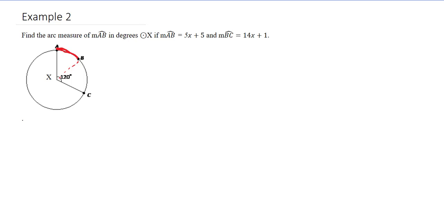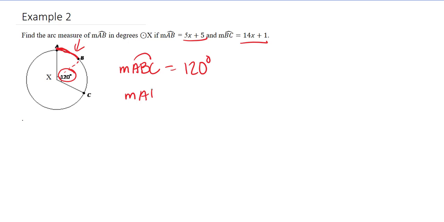But what we're given is an expression, 5x plus 5, and 14x plus 1. And we're also given 120 degrees for the larger arc ABC. So we're given the larger arc, but we need to break that down in order to find just AB. So let's go over all that we know.